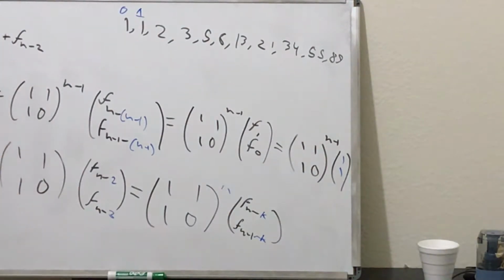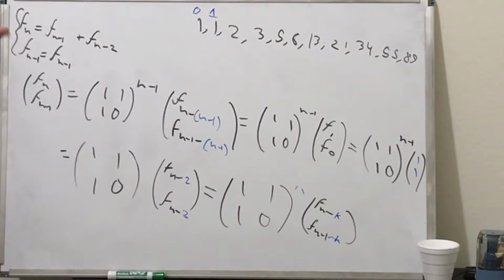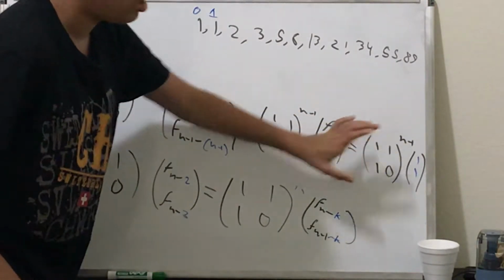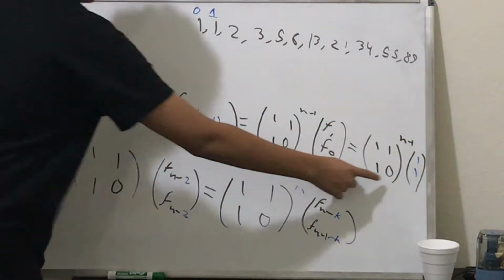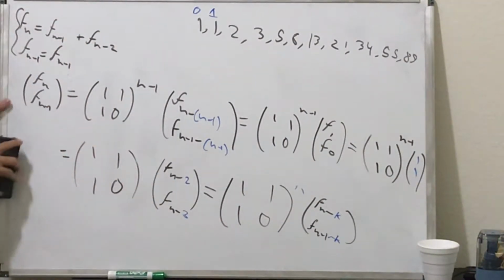Now, you see, we turned our recursive formula into something that is not recursive. It's just a flat-out formula based on n.